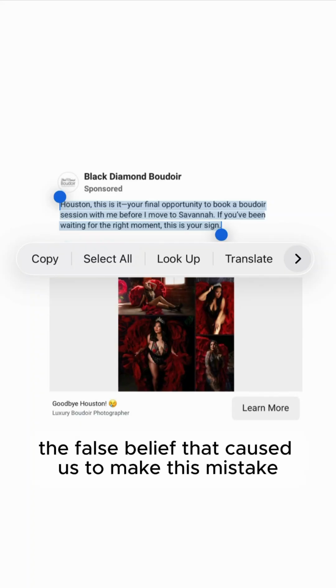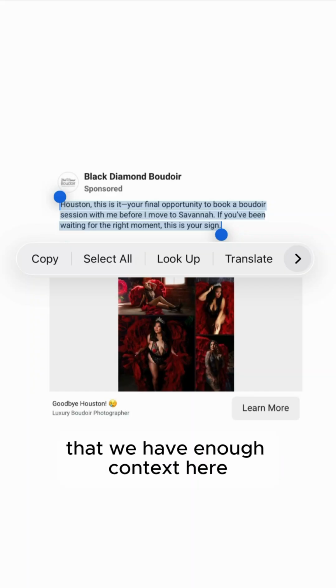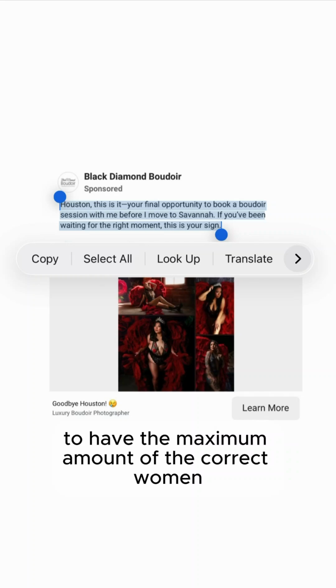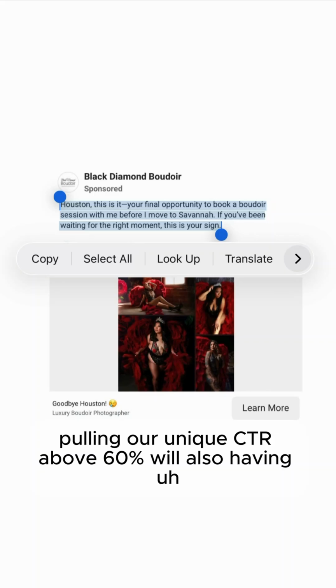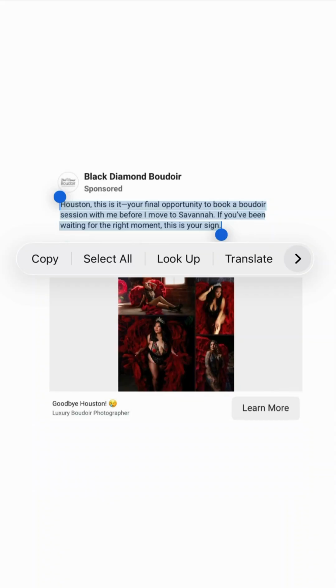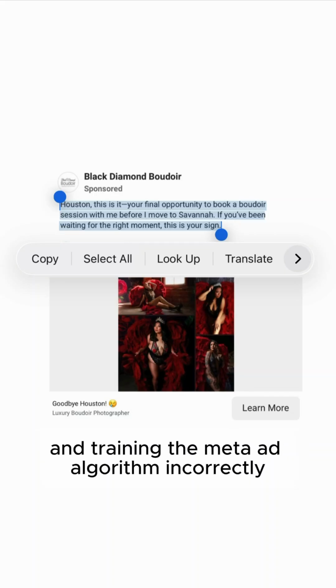The false belief that caused us to make this mistake is that we actually believe that we have enough context here to have the maximum amount of the correct women clicking on our ads, pulling our unique CTRL above 6%, while also eliminating the wrong women clicking on our ads, which would be wasting our money and training the Meta ad algorithm incorrectly.